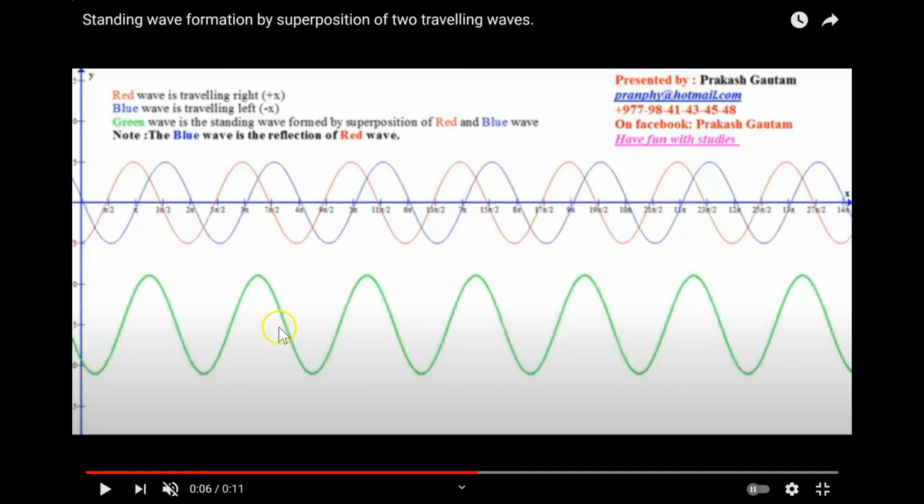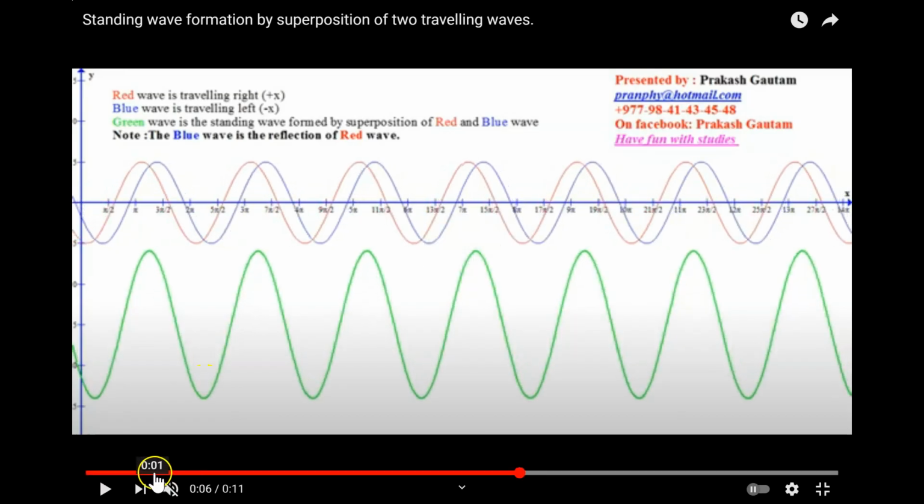You know where this is going. Let's look at this node right here. If we trace up at this location along the string, whatever it is from the left edge, the red is right here on the graph and the blue is down here. So they interfere destructively. They cancel out, giving no displacement.